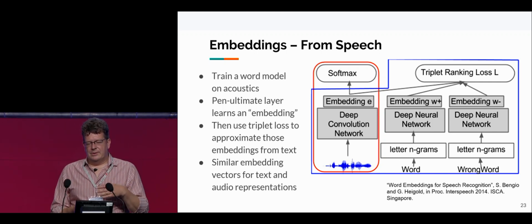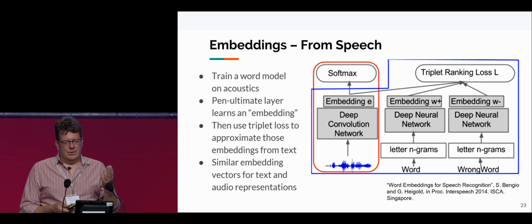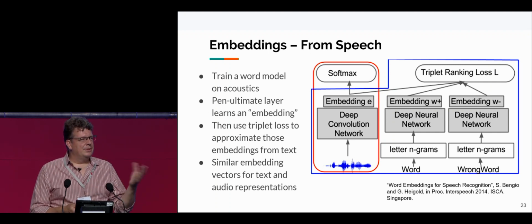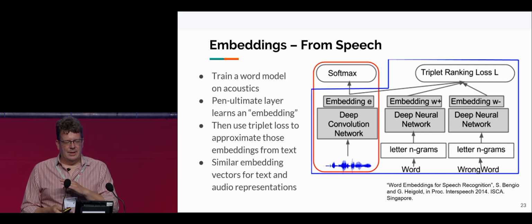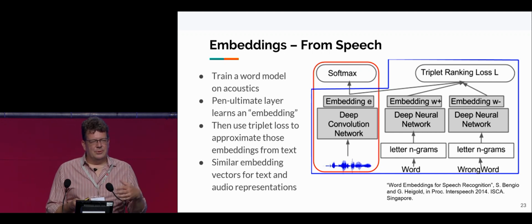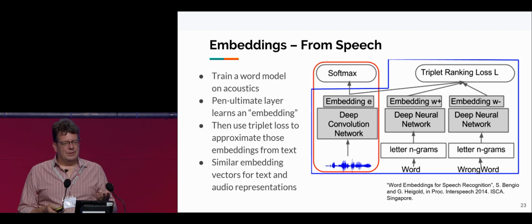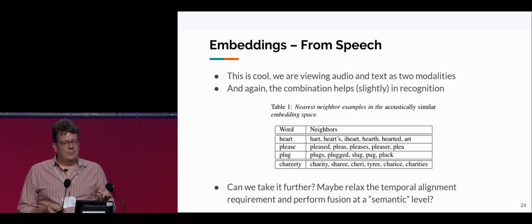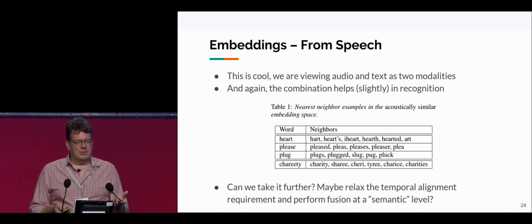And by training the system so that the embedding of the correct word has a closer distance than the embedding of a wrong word, you can train those systems for speech and for text. And so a similar embedding gets created for text and audio representations, which means you can also use them for speech recognition.